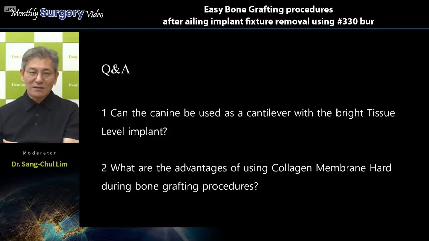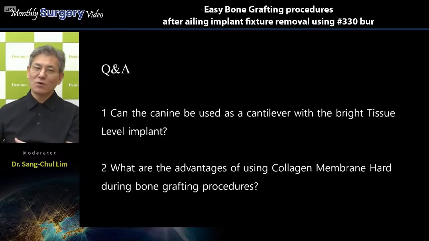However, this hard type is long-lasting. First one, long-lasting. So it is suitable for a bigger defect, like a big defect, where we need more time, like more than 6 months, 7 months. Actually, you should use this long-lasting hard type collagen membrane, right?